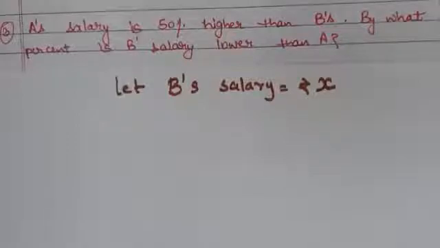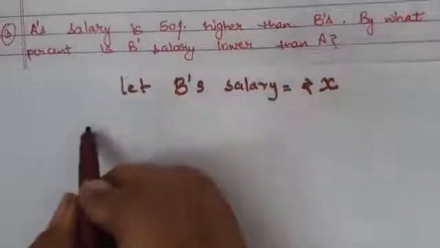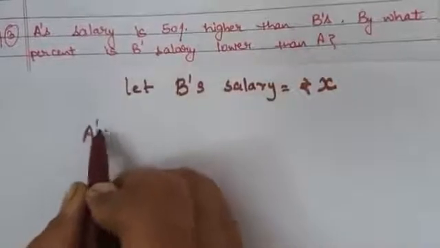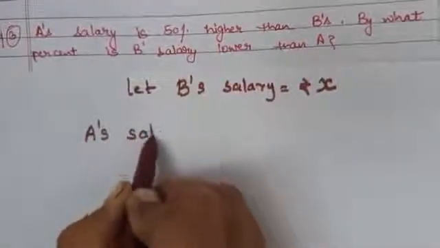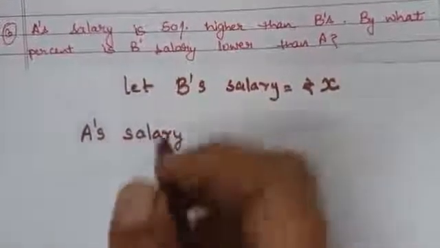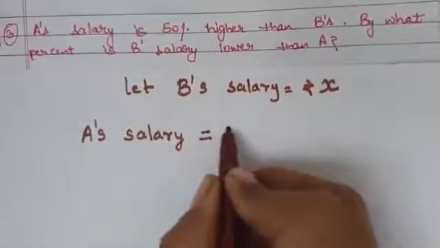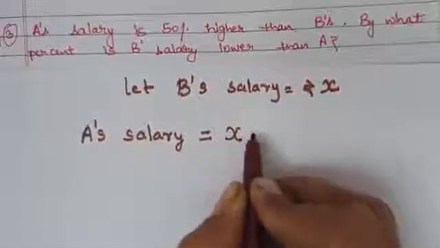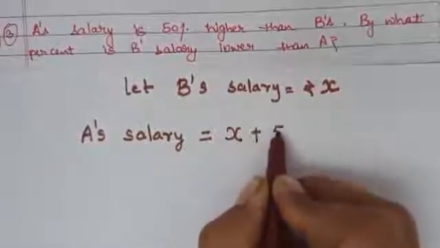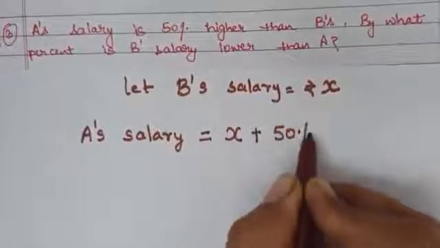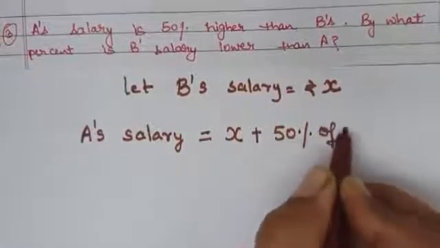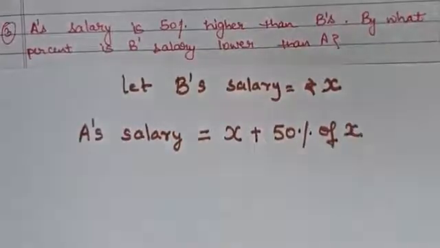So from this statement, A's salary will be B's salary plus 50% of B's salary.